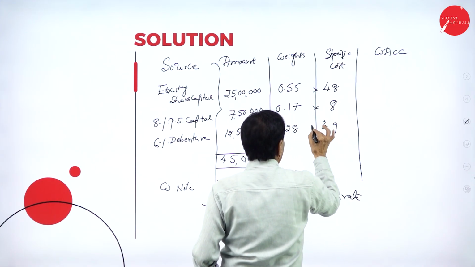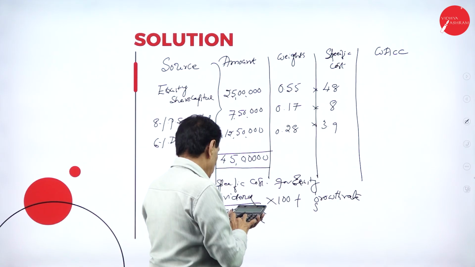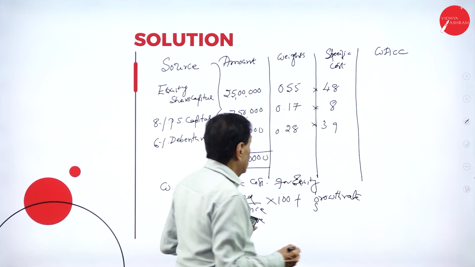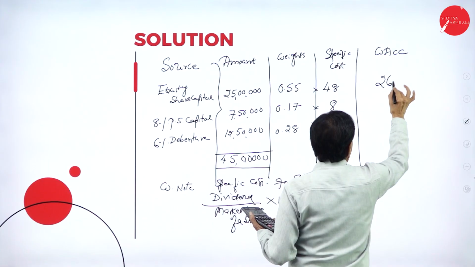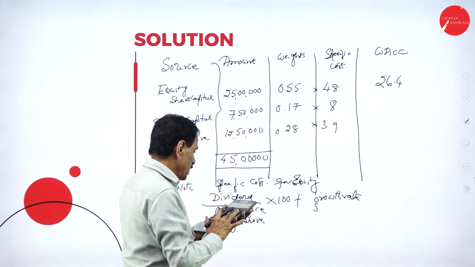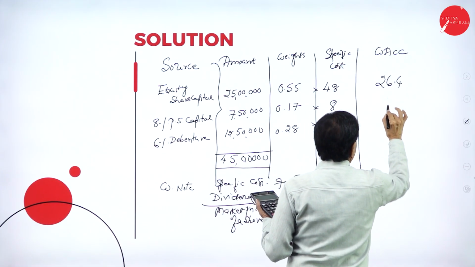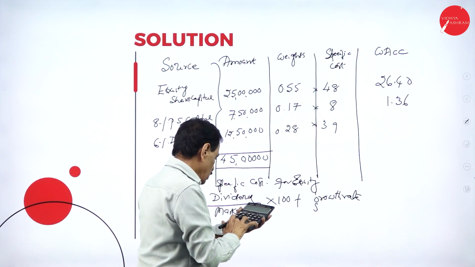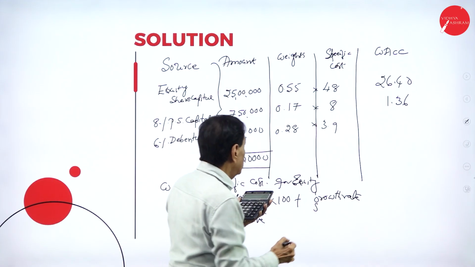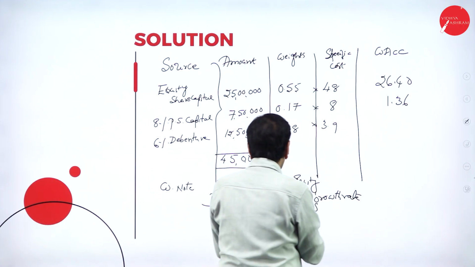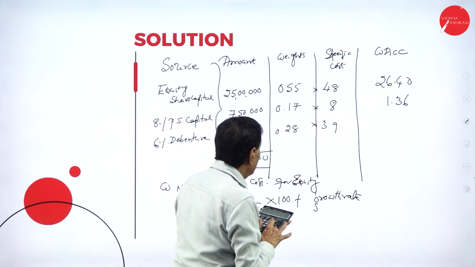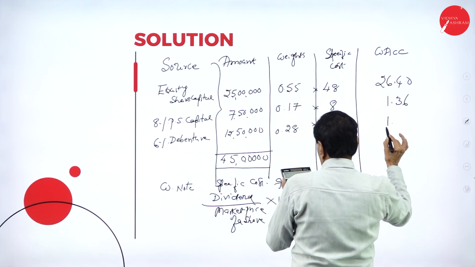Multiply: 0.55 into 48, 26.4. 0.17 into 8, 1.36. 0.28 into 3.9, 1.092.